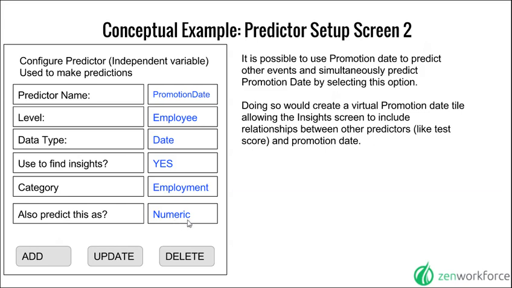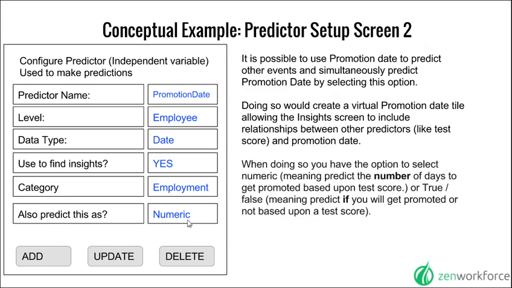So that is the main differentiator here. And it's important to note that adding this, creating this as something to be predicted as well as a predictor, will not automatically create a tile for it. It is more of a virtual tile. Just wanted to make that clarification.